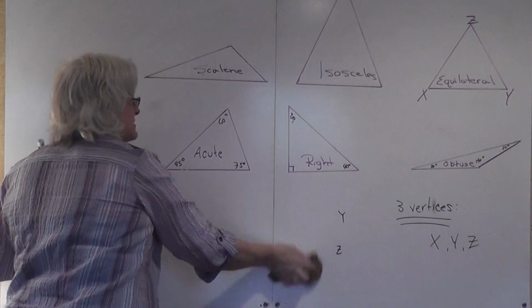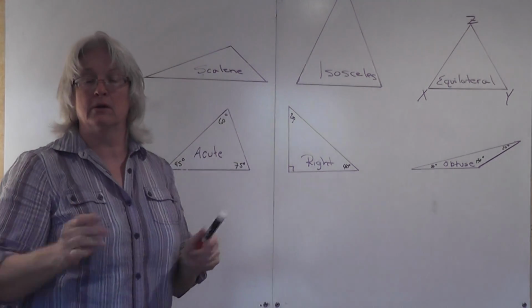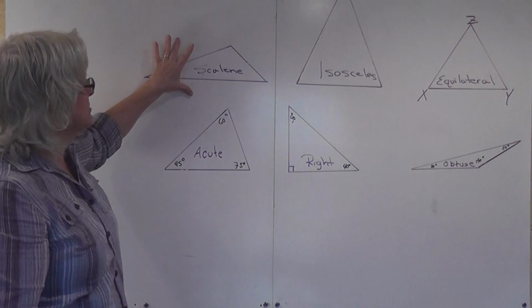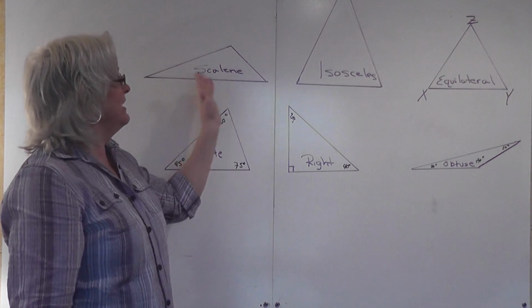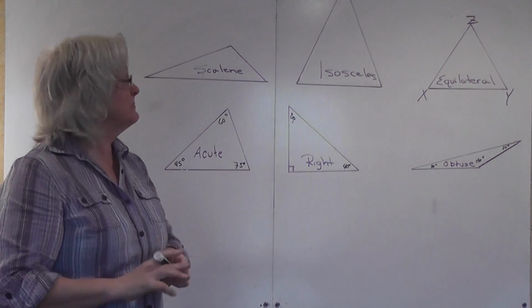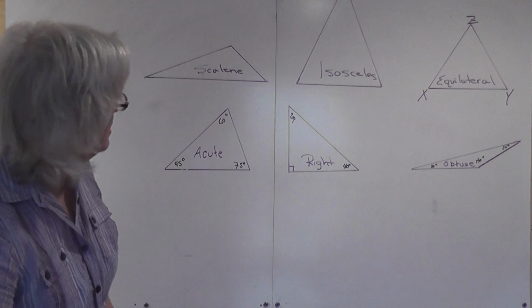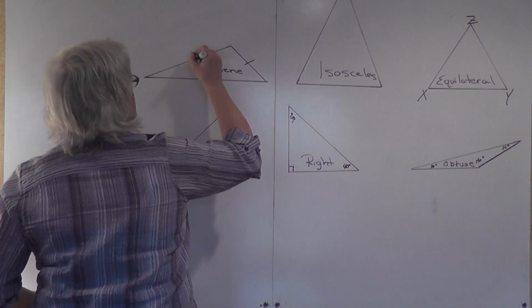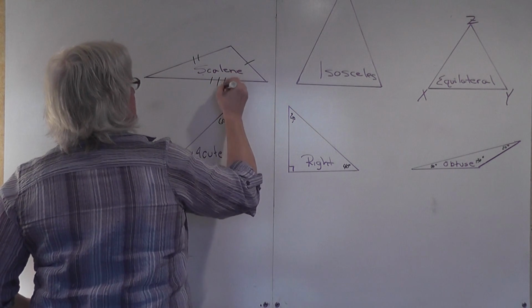There are some specific types of triangles that we're going to define for you. One of those triangles is called a scalene triangle. And what you are supposed to see here is that these 3 sides have different lengths.